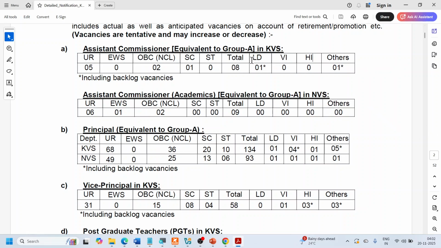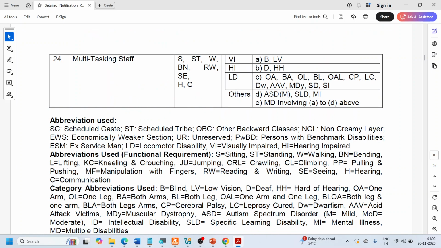If you are wondering what LD, VI and HI are, they have explained it on page number 8. I'm going to go to page 8 and quickly come back. At the end, I've scrolled down, so I went quickly. There are 52 pages in this detailed advertisement.